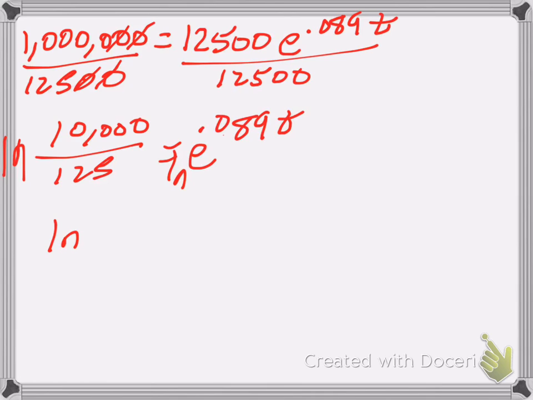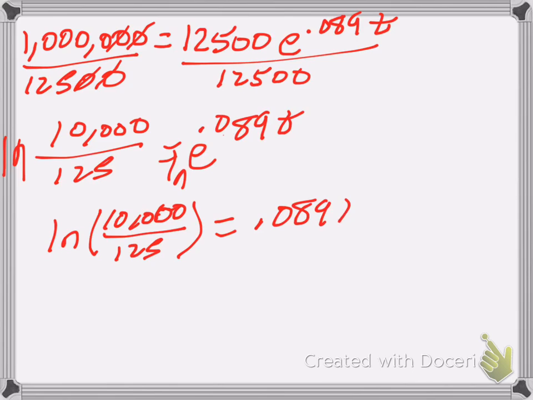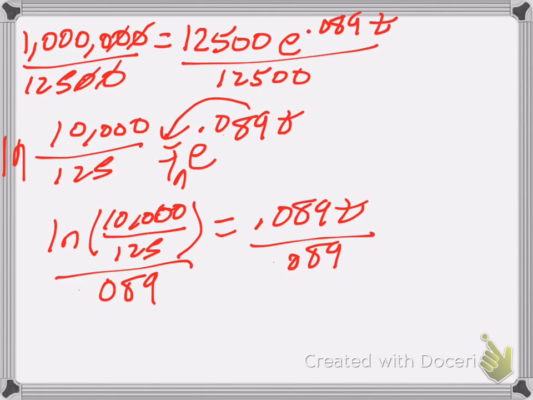So we'll have the natural log of 10,000 over 125 is equal to 0.089t. Remember, we're just pulling this out front using our properties of exponents. And then to solve our equation, we're going to divide by 0.089 on both sides. And if I plug this into our calculator, we're going to get t is equal to about 49.24 years.